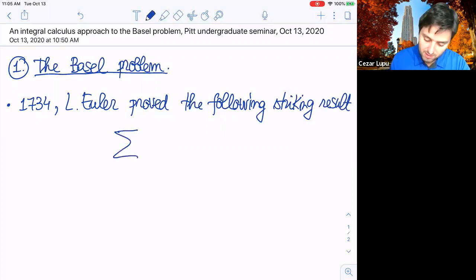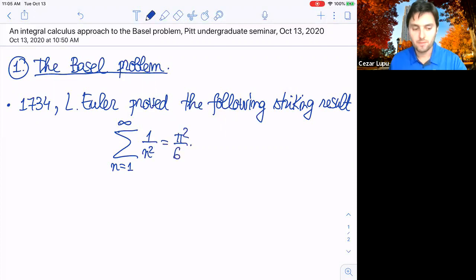This series, the sum from n equals 1 to infinity of 1 over n squared, is nothing else than just pi squared over 6. And surprisingly, the proof given by Euler is 1734, but it was officially announced in 1735.